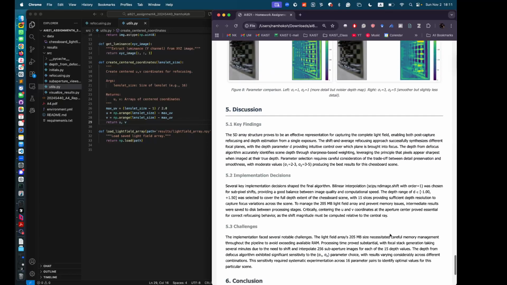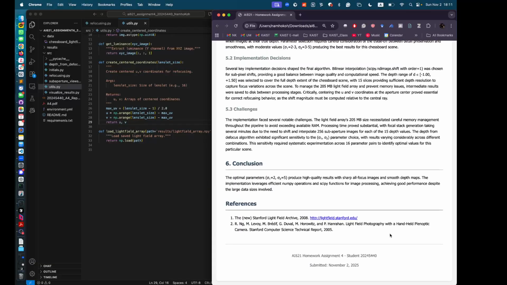Different scenes might require different parameters specifically. But the choice of sigma 1 equal to 2 and sigma 2 equal to 5 worked well for our chessboard scene.